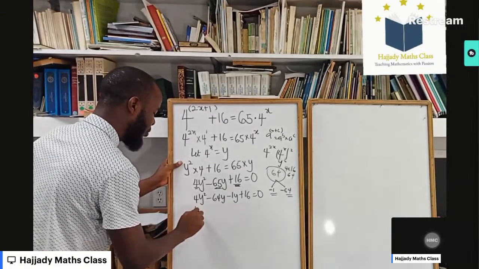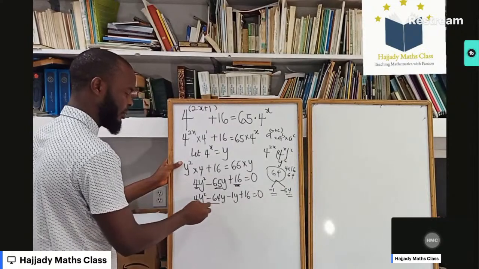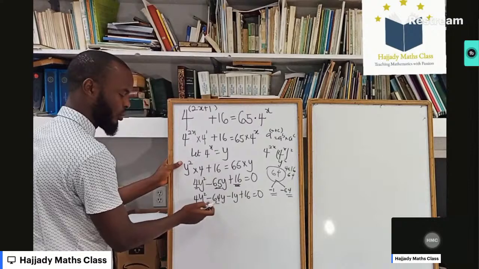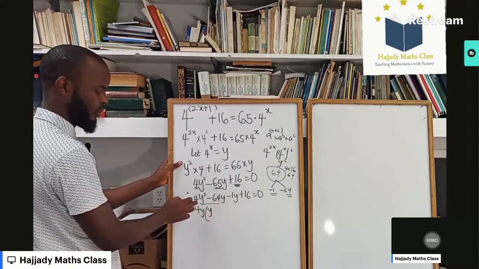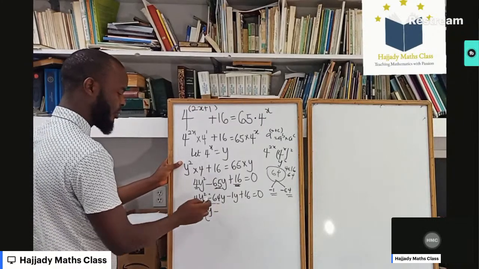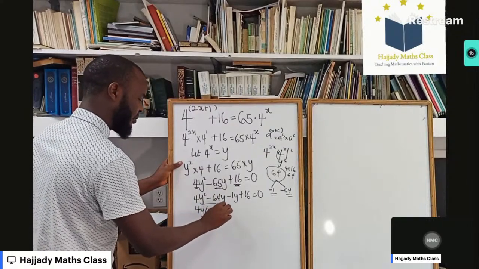Here I'm going to have 4y, which is common to the first two terms. I'm factorizing out 4y. Then I'm going to be left with what? y minus 16. -64 divided by 4 is going to give me 16.